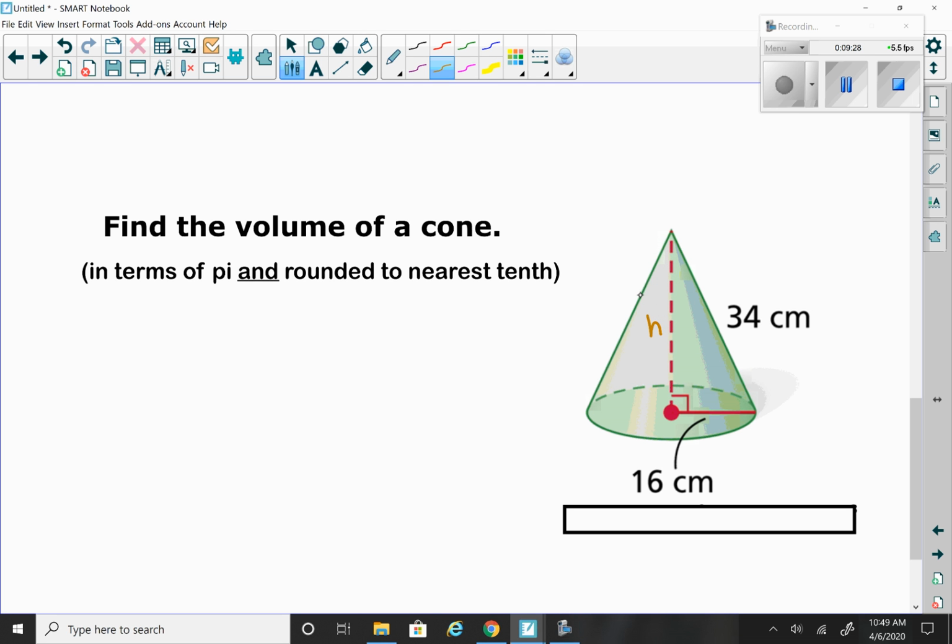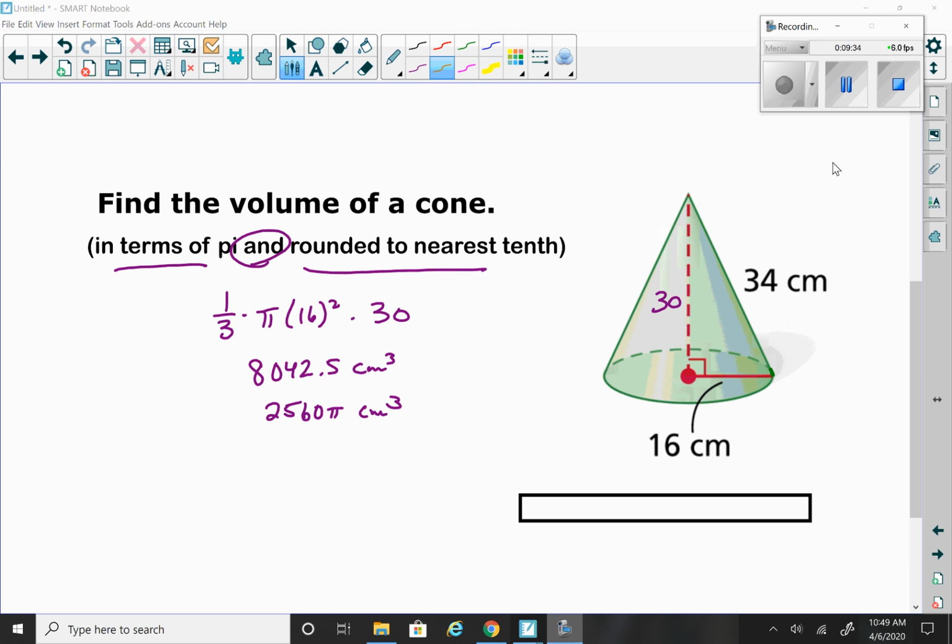So go ahead and pause the video and see if you can figure it out. Hopefully you came up with, in terms of pi, an answer of 2,560 pi. And then rounded to the nearest tenth, you should have 8,042.5 centimeters cubed. So double check your answers and see if you got that one right.